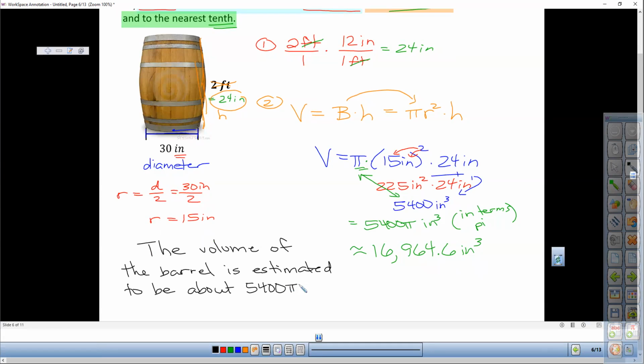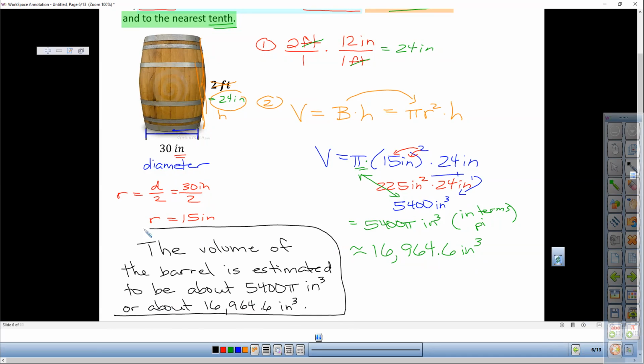5,400 pi cubic inches. I think I'm going to use my power notation here, or about 16,964.6 cubic inches. So notice the structure of my grammar. So I included both answers.